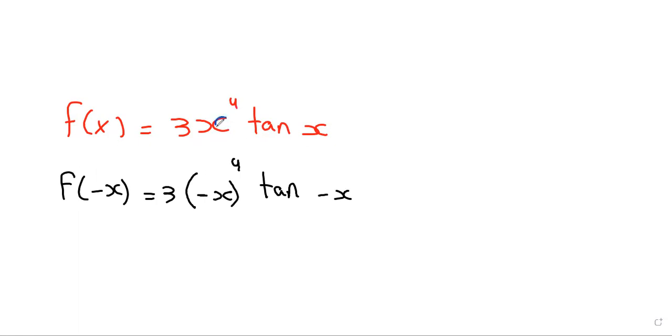Any x, I have x here and I have x here. So instead of this x, I wrote minus x, and instead of this x, I wrote minus x. Go on, Yusuf. Negative x to the power of 4 will be x to the power of 4. So the even power cancels the negative. It will be 3x to the power of 4, multiplied by 10 negative x.